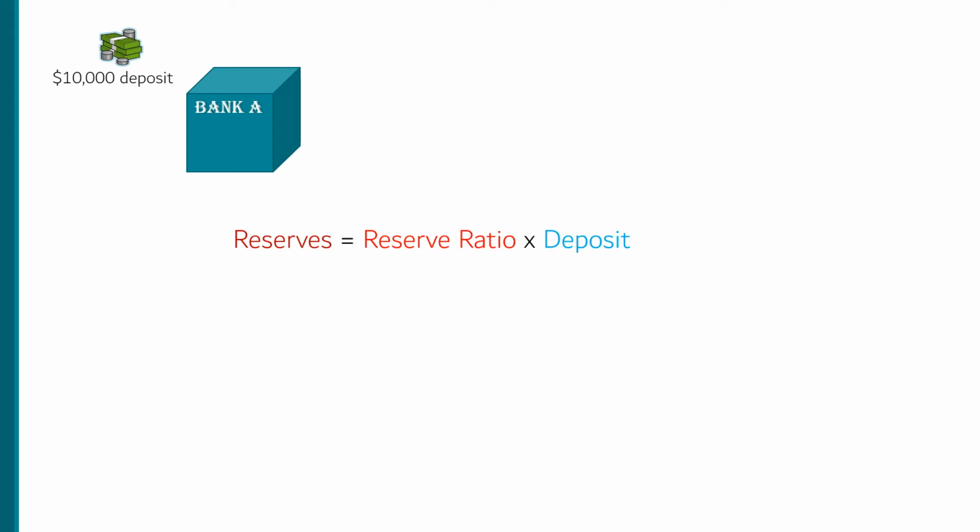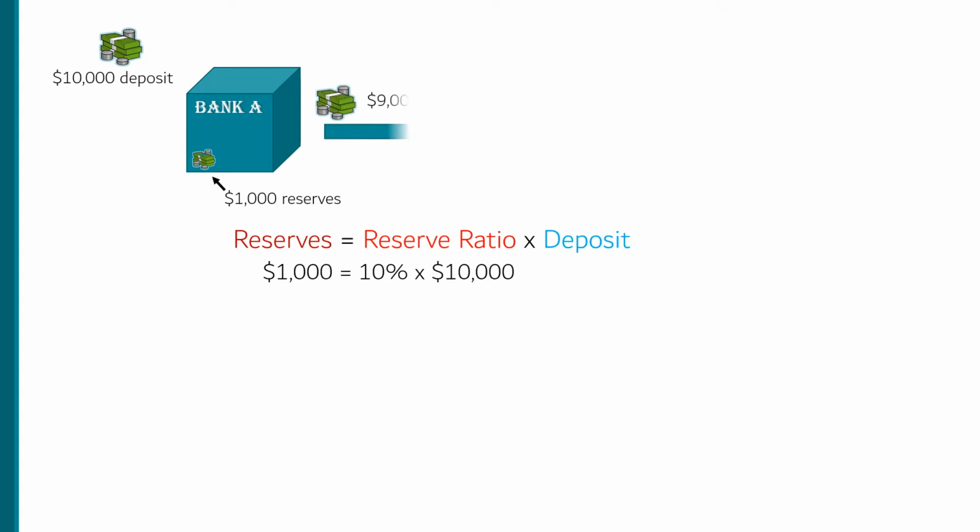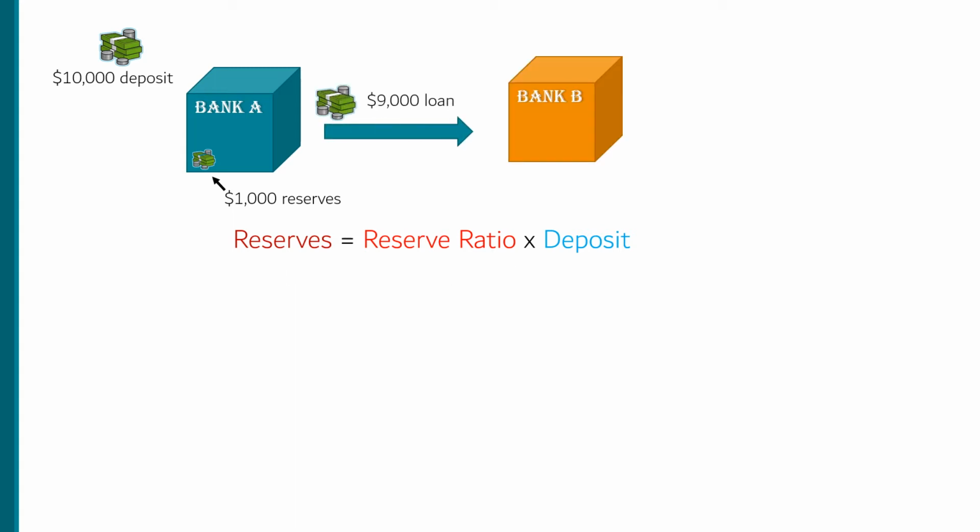If a bank keeps 10% of all deposits in reserves, then their reserve ratio is 10%. So Bank A would split that $10,000 deposit up. They would keep $1,000, 10% of $10,000, in reserve, and they would use the remaining $9,000 to make loans.